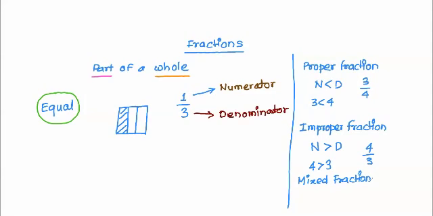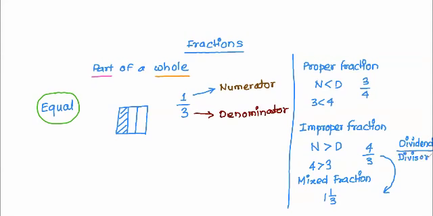So the improper fraction 4/3 can also be represented as 1 1/3, and it will be called a mixed fraction. What we do here is, in 4/3, 4 is the dividend and we have 3 as the divisor.